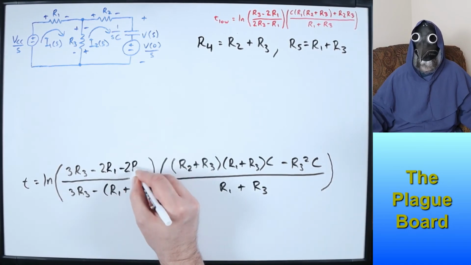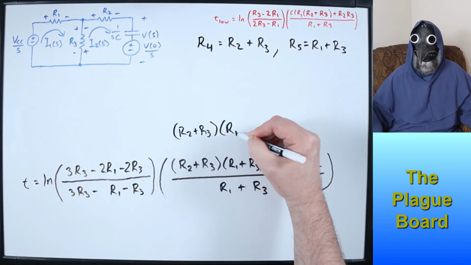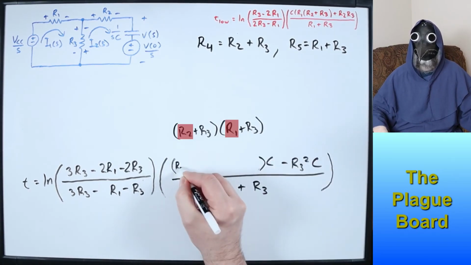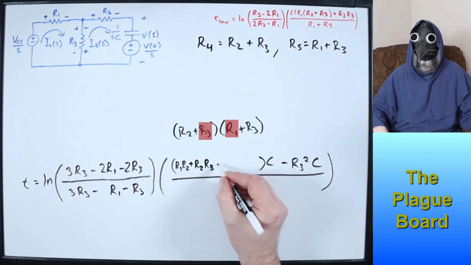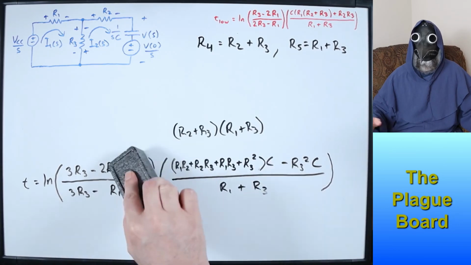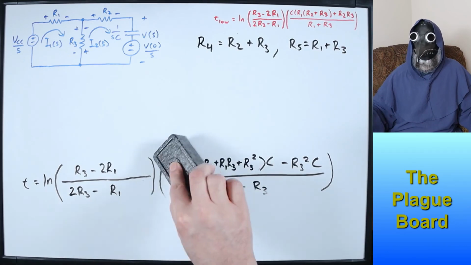I'll clean up the natural log a little bit, then multiply the two binomials together. Next, I'll finish cleaning up the natural log. Now I'll factor out a c.